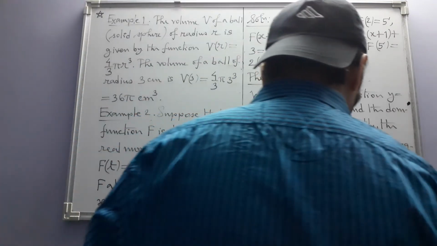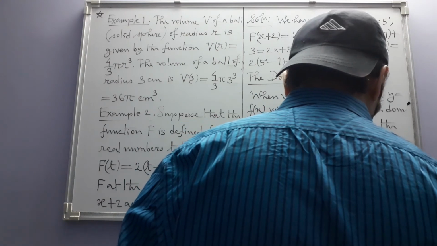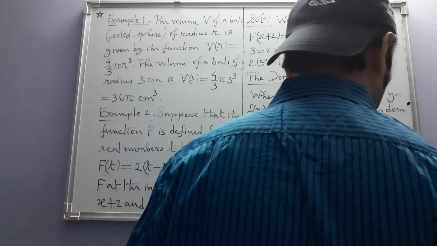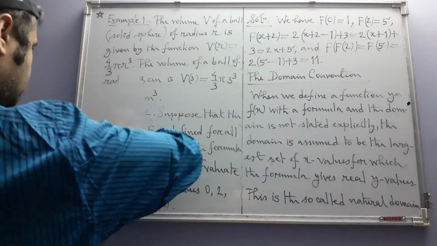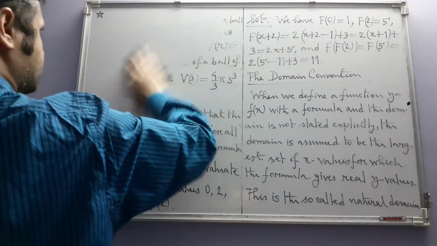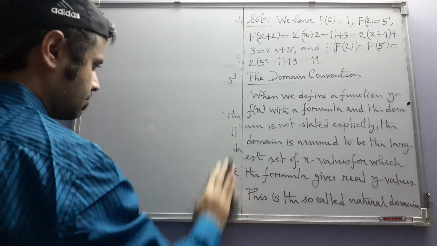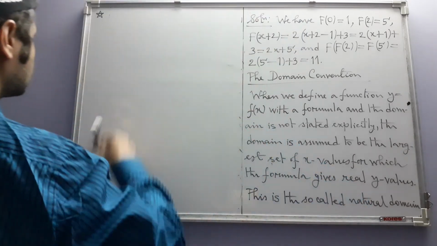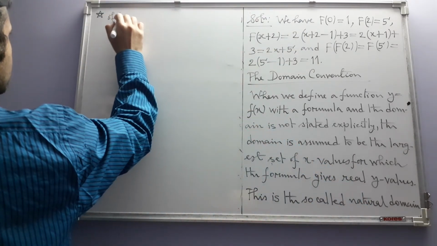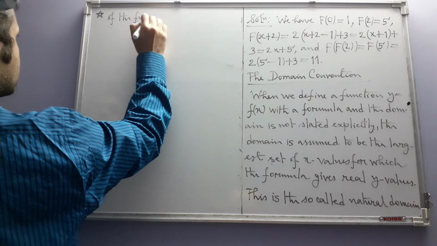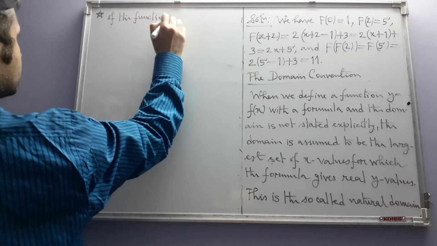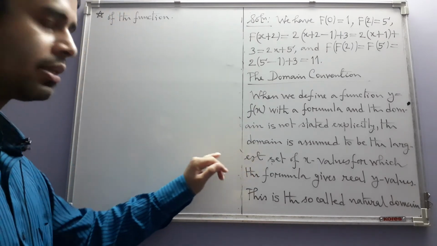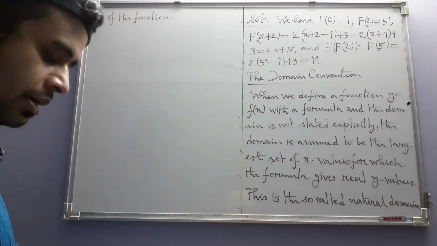This is the so-called natural domain of the function f. If our domain is restricted to be something smaller than the natural domain, we have to explicitly mention that.